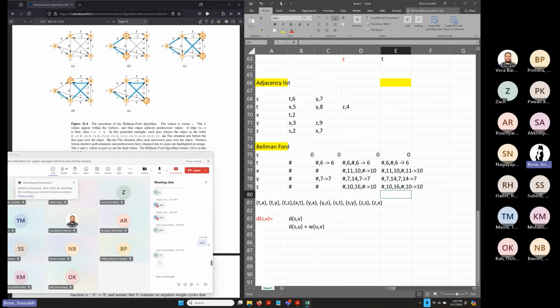Now we have XT. So we are trying to update T. S to X is currently 10 and XT is 2. Do you guys agree that we are going to offer 12 here?